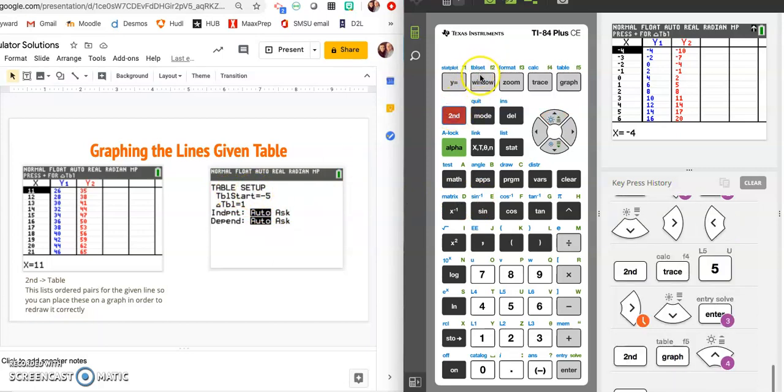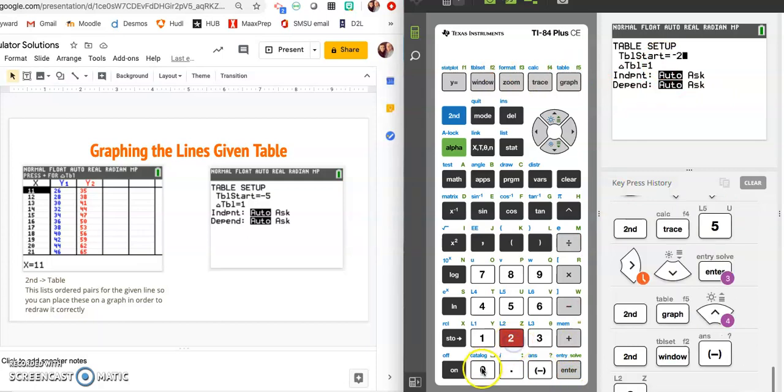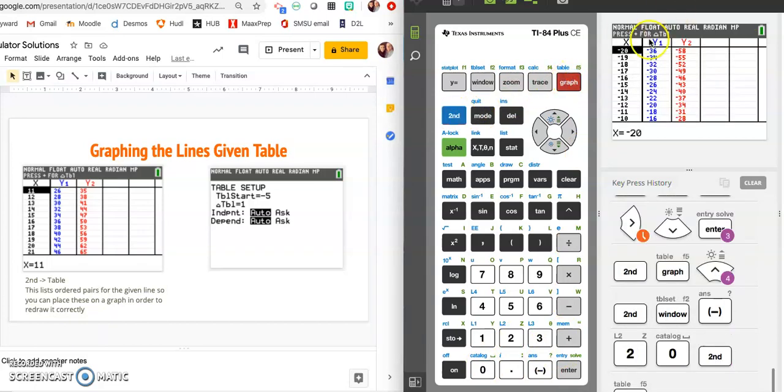Second, and then table setup. You can start the table at whatever x value you want. So if I want to start it at -20, I can type in -20 and then go back to my table, and now my x starts at -20, so I have all those values for those two equations right there. So that's another little nice thing to know.